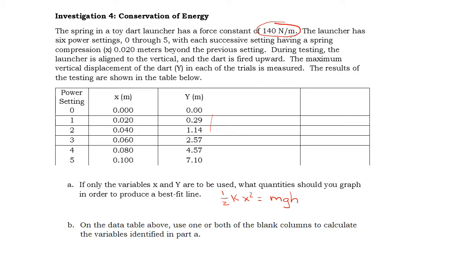Now we use y for h, and I want to get this into y equals mx plus b format. So the thing that I'm altering in my experiment is this x squared, and the y is the dependent variable, the height to which it goes to. So I'm going to get the h alone, and I'm going to call it y. And so I get k over 2mg, and I'll put my x squared over here.